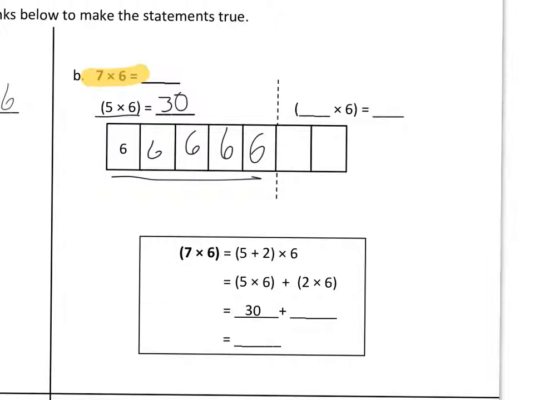And now we got to figure out, we took 5 from that 7. How many does that leave us with? 2. 2 groups of 6. 1, 2. You can count those right here. 2 6s. Remember, this is the tape diagram.